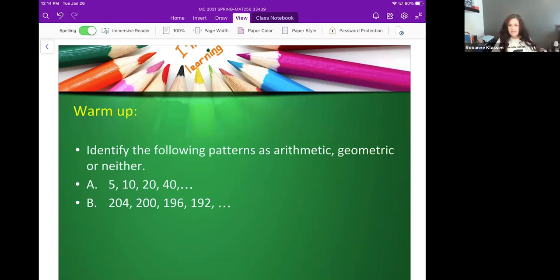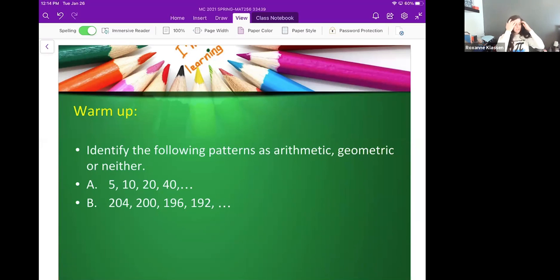Perfect. Great job, McKenna. Okay. How about part B? Anybody else? I got arithmetic, or is that how you say it? Because it decreases by 4 each time. Is that right? Excellent. Perfect. Everybody good on those? Excellent. All right.